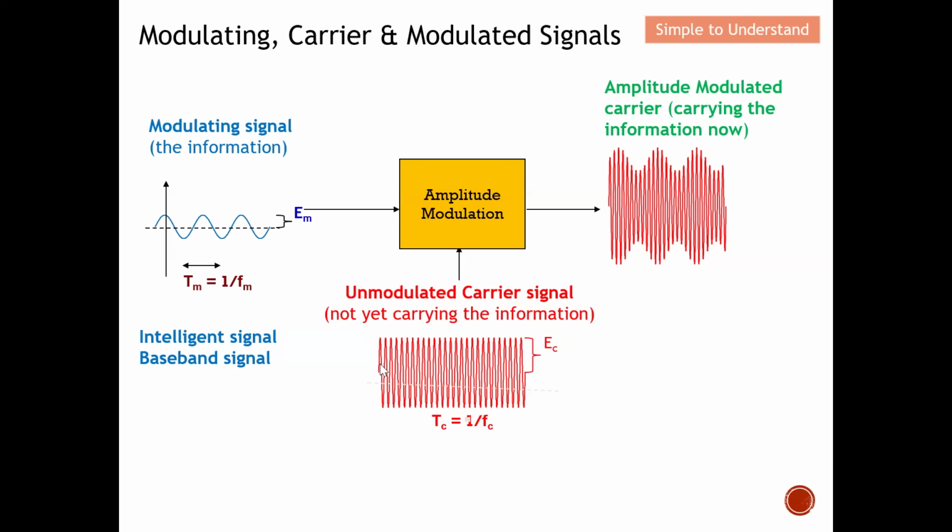In fact, the carrier signal will always have a higher frequency than the modulating signal. Next, right at the output of the amplitude modulation will be the modulated signal. From here, you can see that it has the frequency of the carrier, while the message is at the envelope of the modulated signal, which we are going to take a closer look at later on.